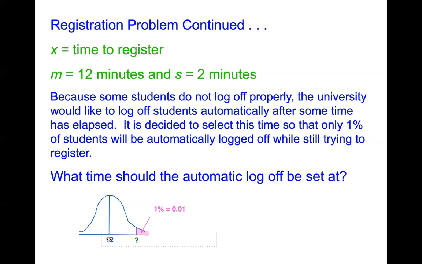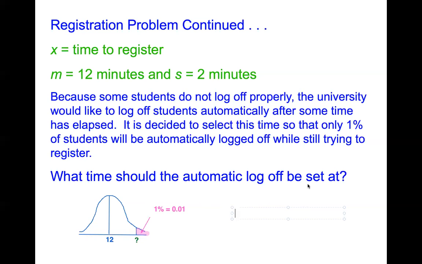Okay, so we're going to be using inverse norm, and I want to see if you guys can try it. So let me call on somebody to see what they think we might do. All right, let's go to Nick. All right, Nick, what do you think? So for the area, I would put 0.99.